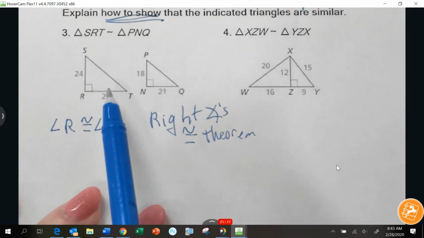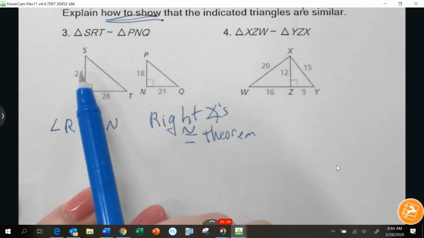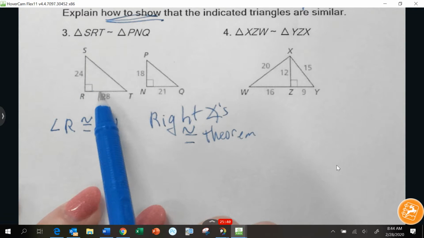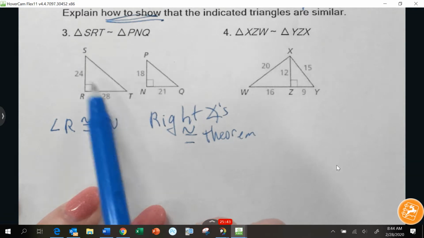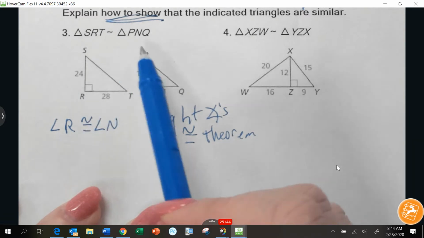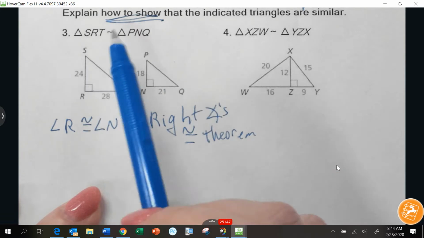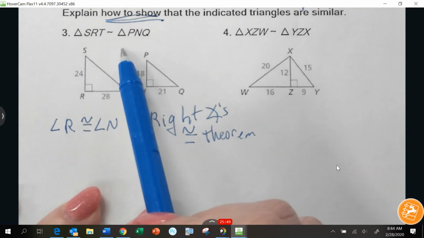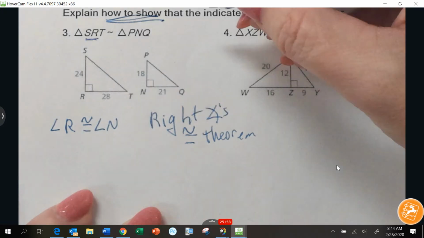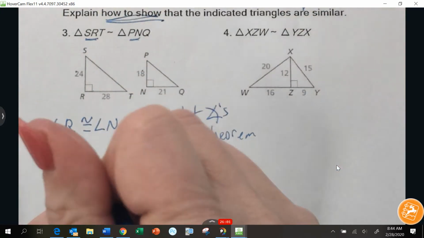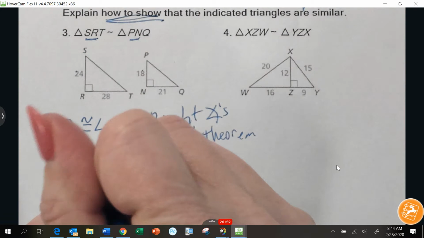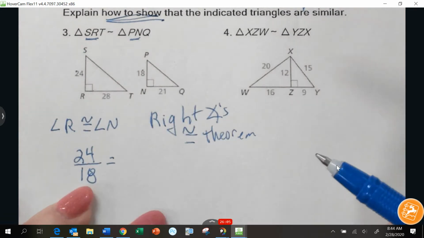Now, I only have one set of angles, so now we are going to use SAS to see if, or actually it says explain, show how they are similar. We already know they are, but we're going to use SAS. And 20 compared to 18, or correspond with.